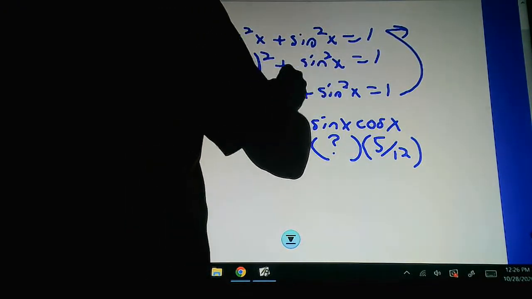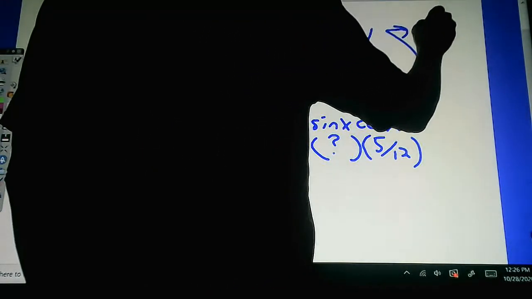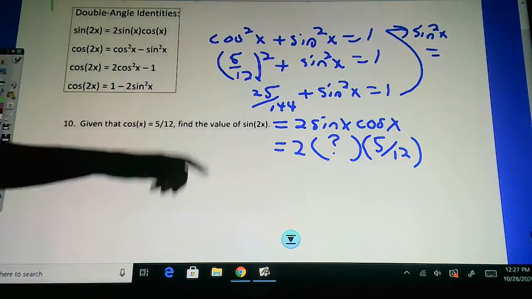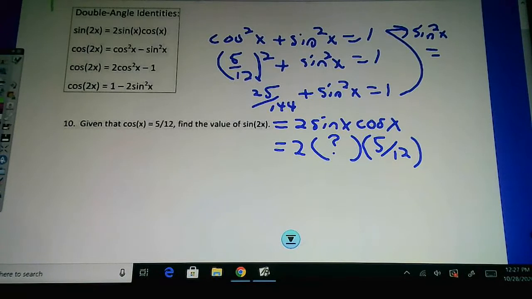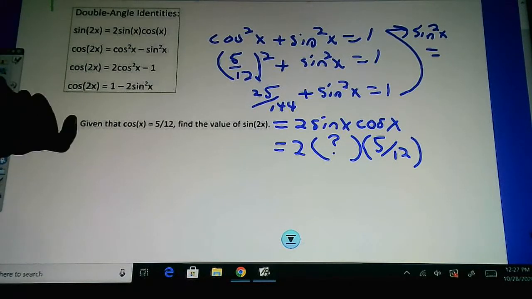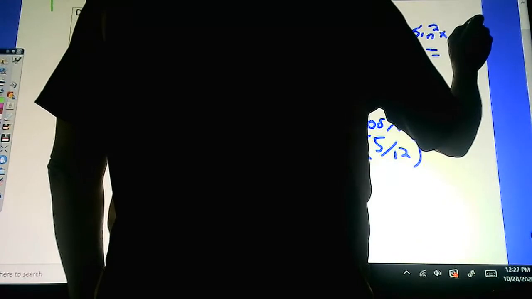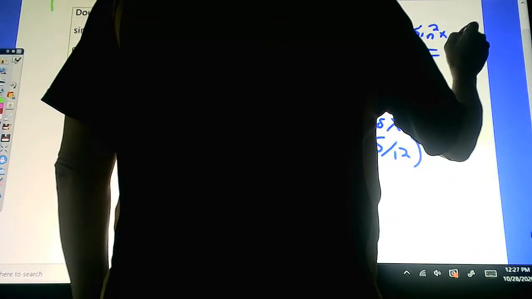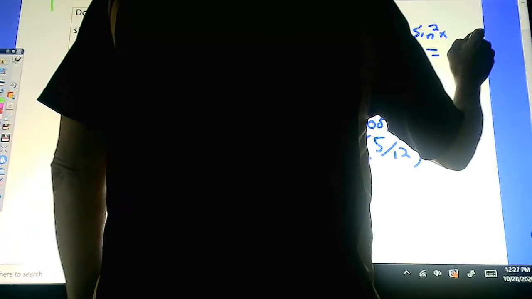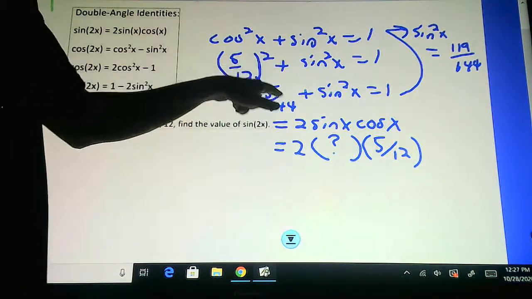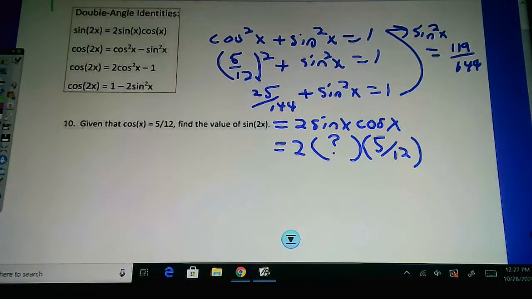Subtracting that from both sides, I'll save a little bit of time because the video will cut off if I go too long here. I get 1 minus 25 over 144. Again, you can do that on your calculator if you want. An ugly number here, 119 over 144.